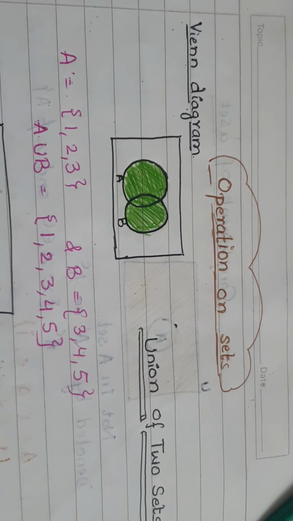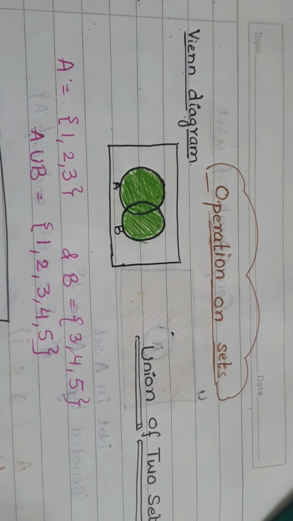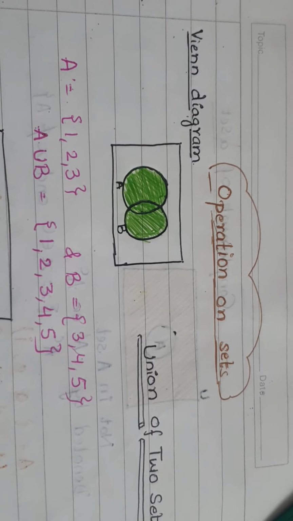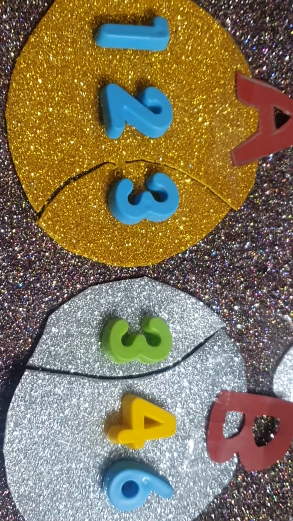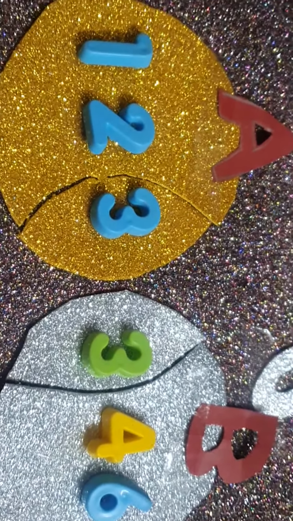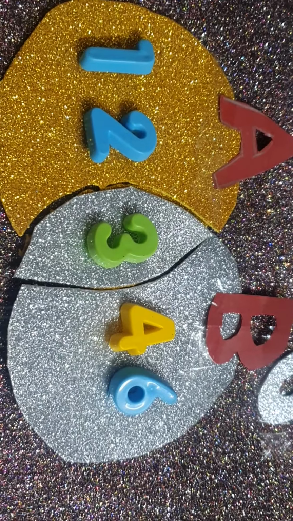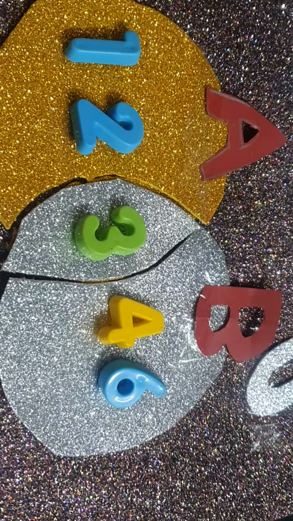When we want to write union of two sets, we are not going to write common element two times. What does it mean? We will discuss by using the diagram. Here I am having two sets where we have one common element, 3. Then this common element divides these two sets into three parts.